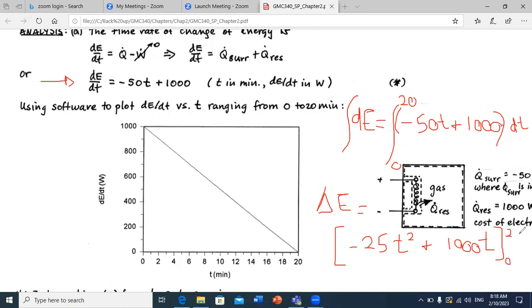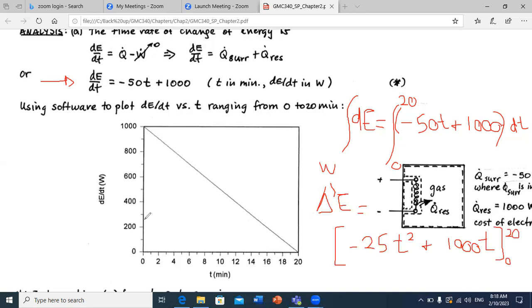So this is the analytical method to find the variation in energy. Okay, and delta E will be in watt. So if they ask for it in kilowatt, all we have to do is to divide by 10 to the power 3.